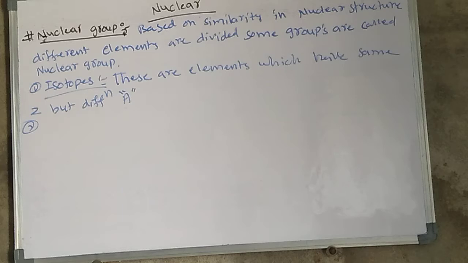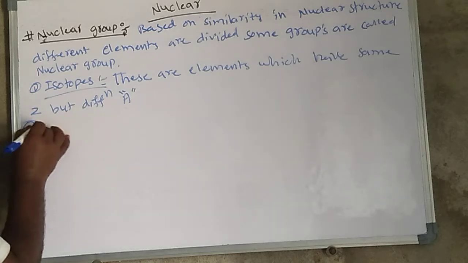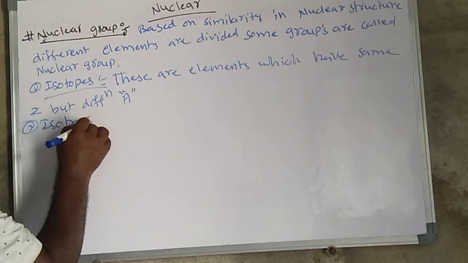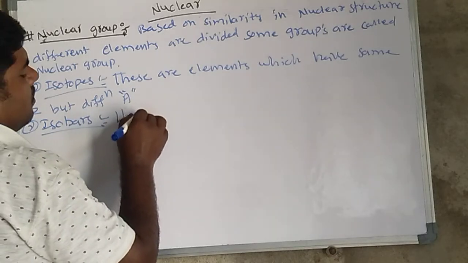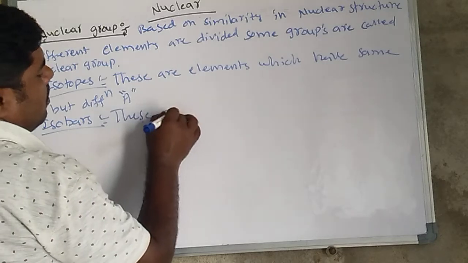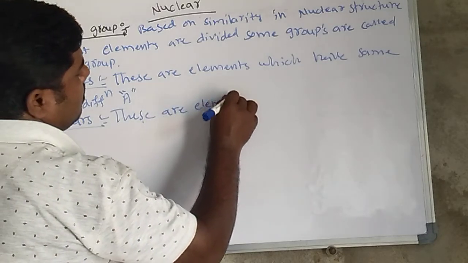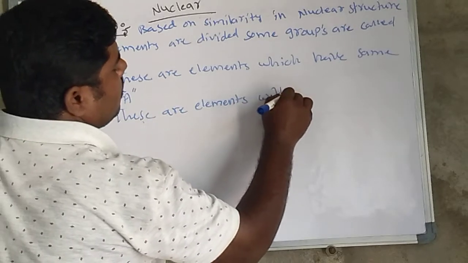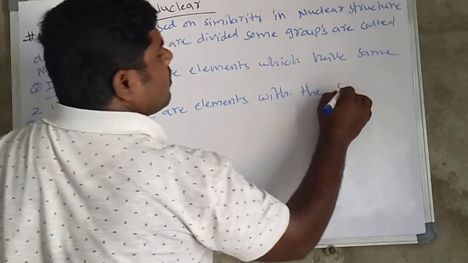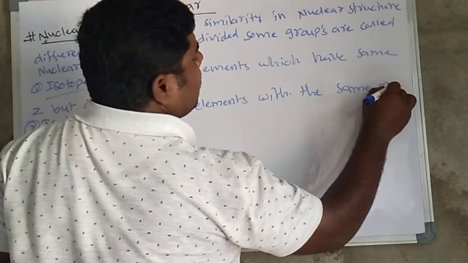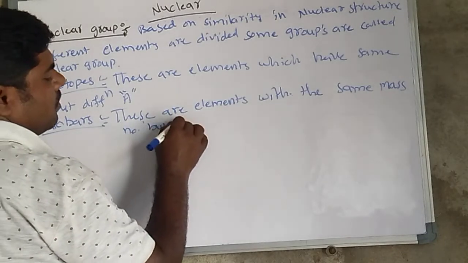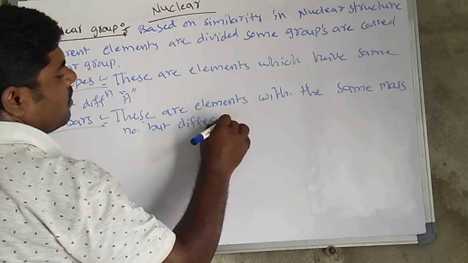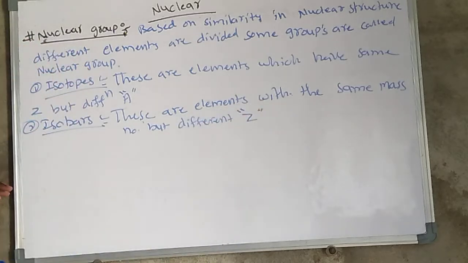Now the second one, isobars. Isobars are elements with the same mass number but different charge, different Z value.